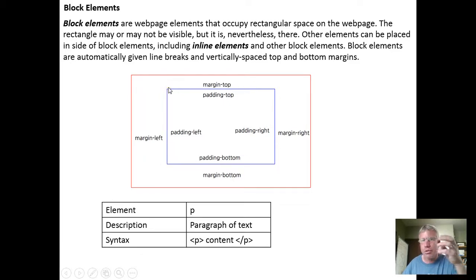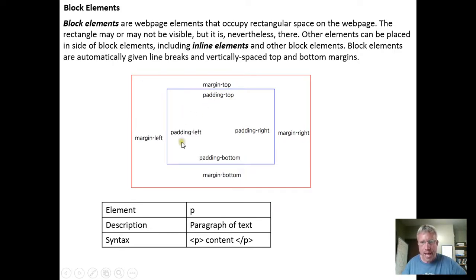And then there's 2 things associated with a block level element and the border or rectangle that it forms. You have margin, which you can have margin top, bottom, left, and right. That's the spacing above and to the sides of the block level element.